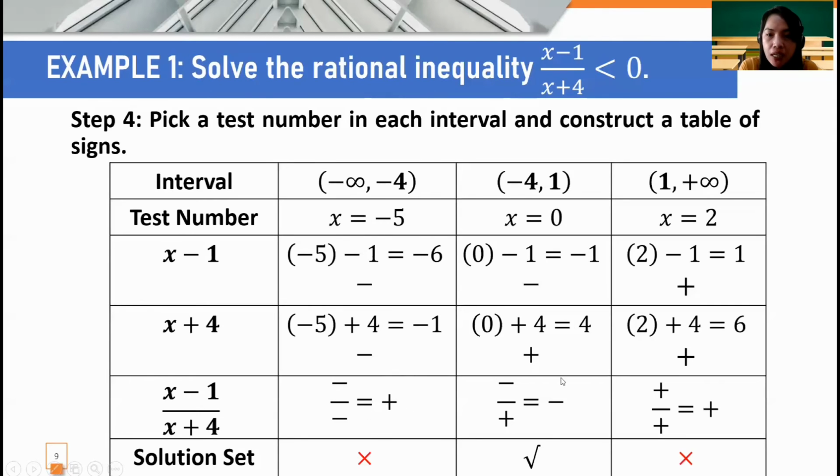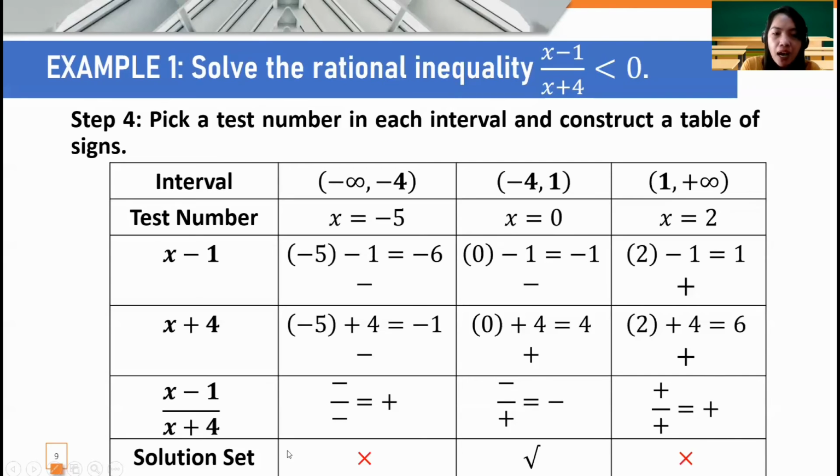Kapag ito namang mga numbers inside this interval, kapag sinubstitute dito sa rational inequality, ang lalabas na sagot sa left side ng inequality ay negative. Next, kapag ito namang lahat ng numbers na to, sa interval na to, kapag sinubstitute dito sa left side ng inequality, ang lalabas ay positive numbers.